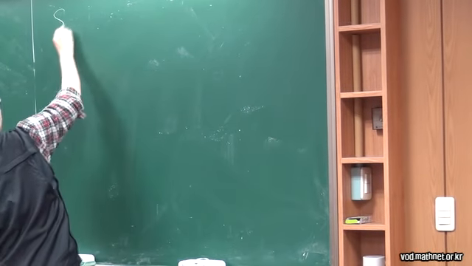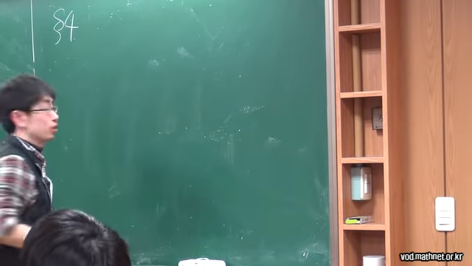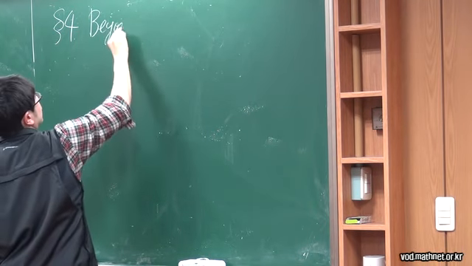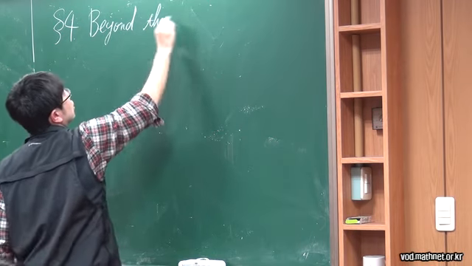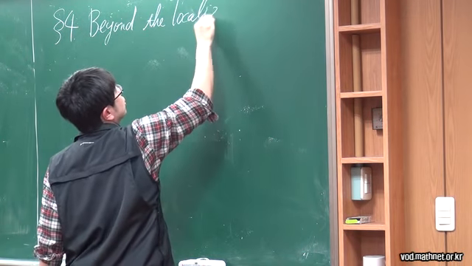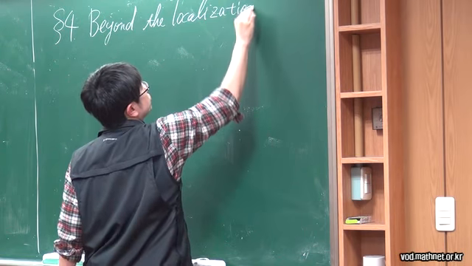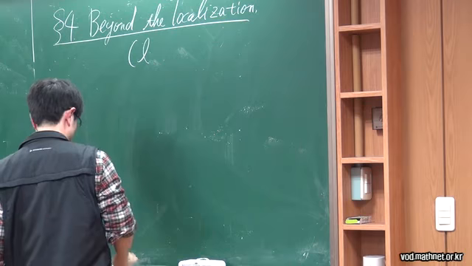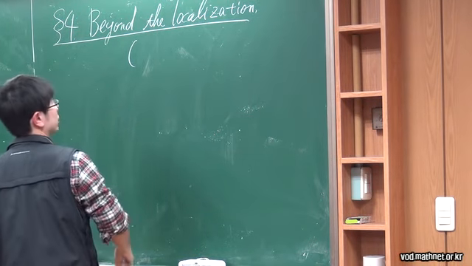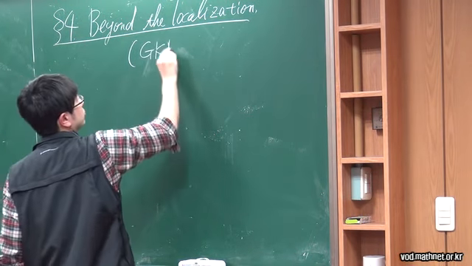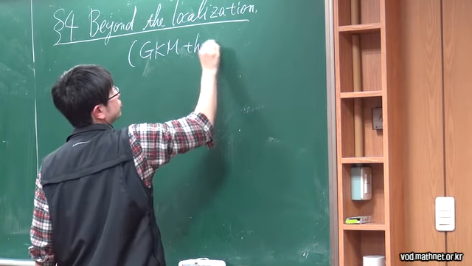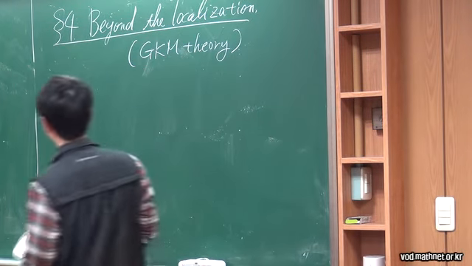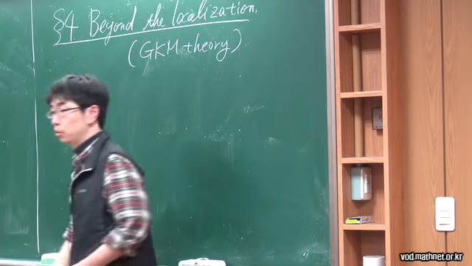And in section 4, this is just an introduction of the GKM theory. So beyond the localization, it's a very brief introduction of the GKM theory. By the localization, we know this kind of thing.